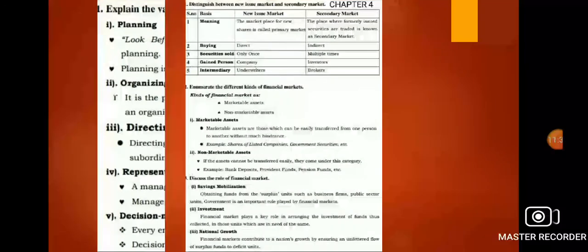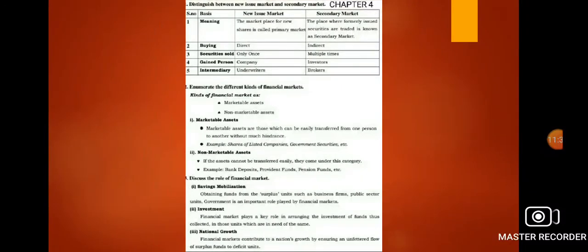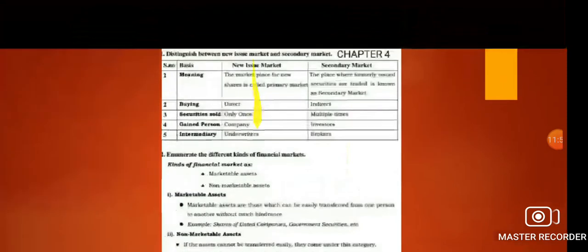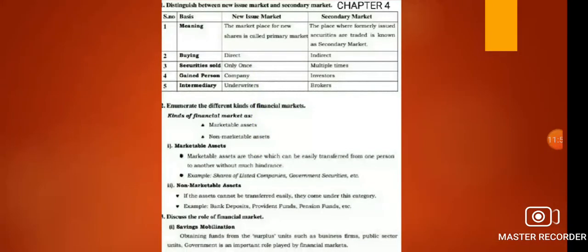Then next, what are the differences between new issue market and secondary market? The first one is meaning.